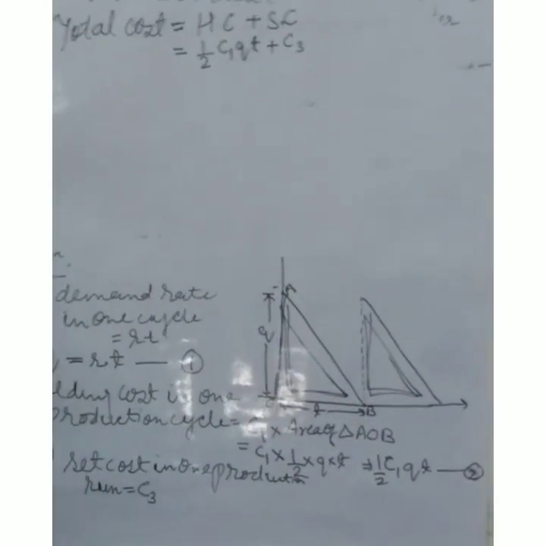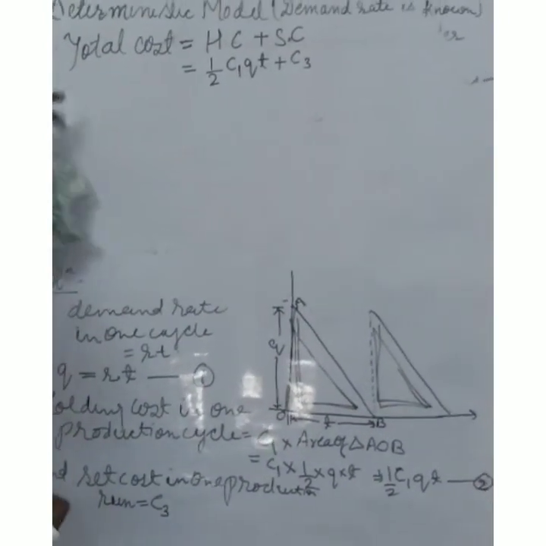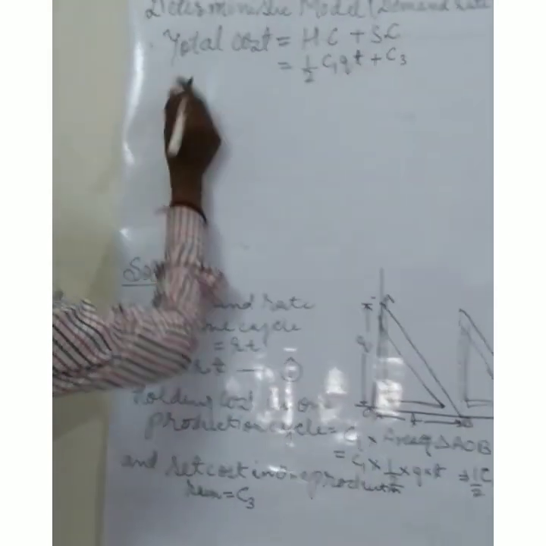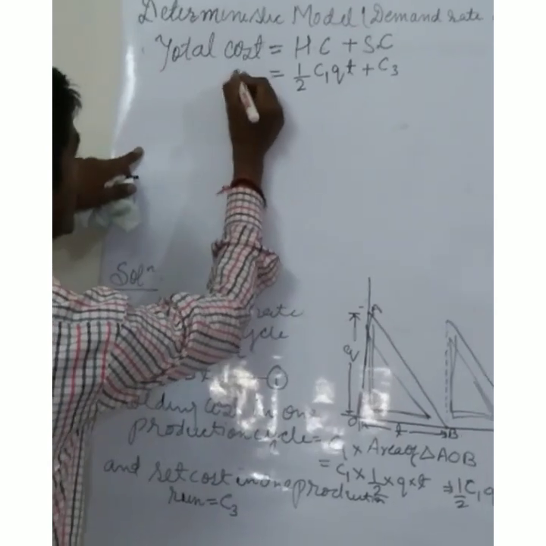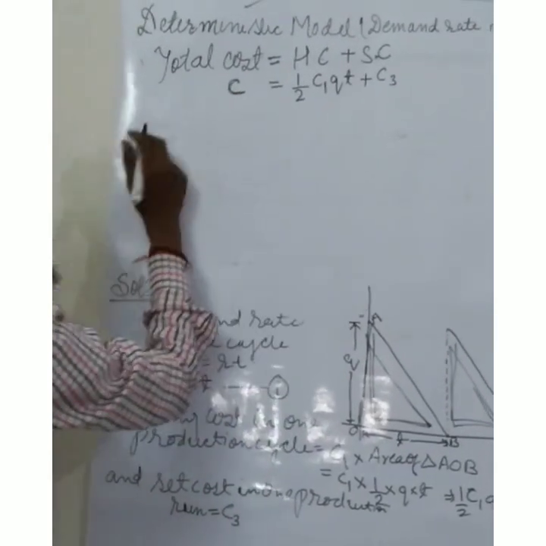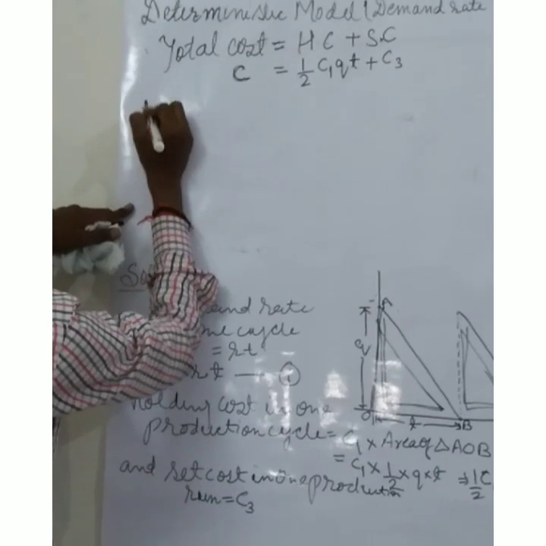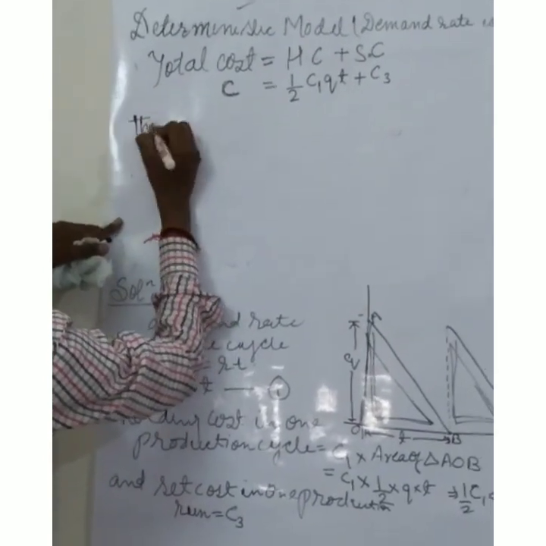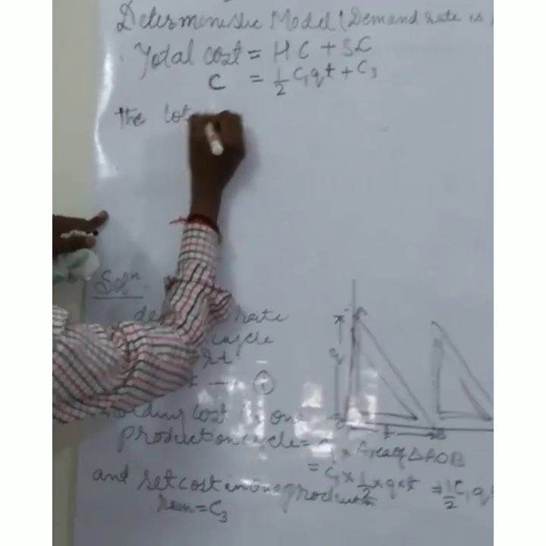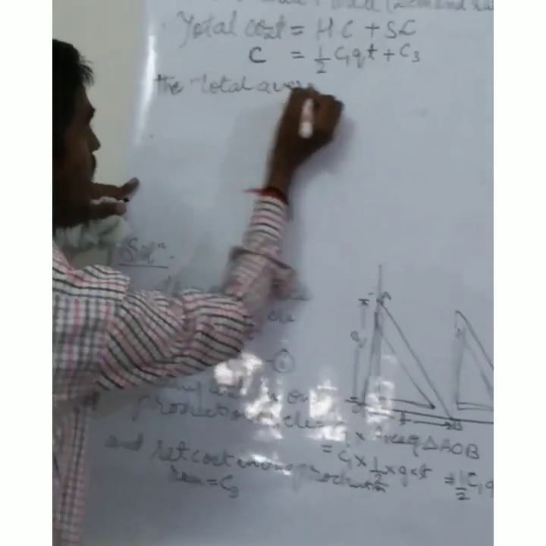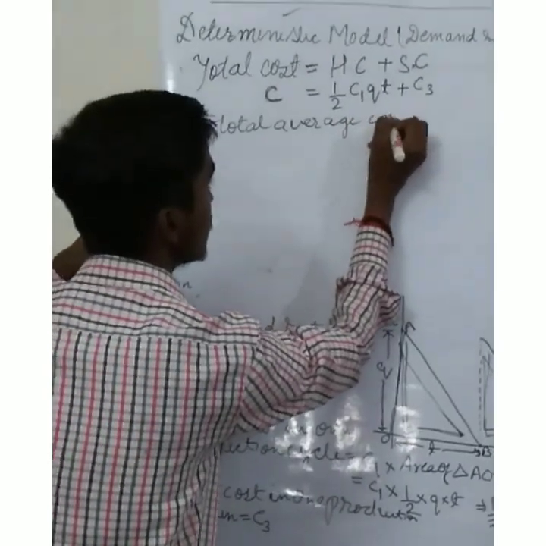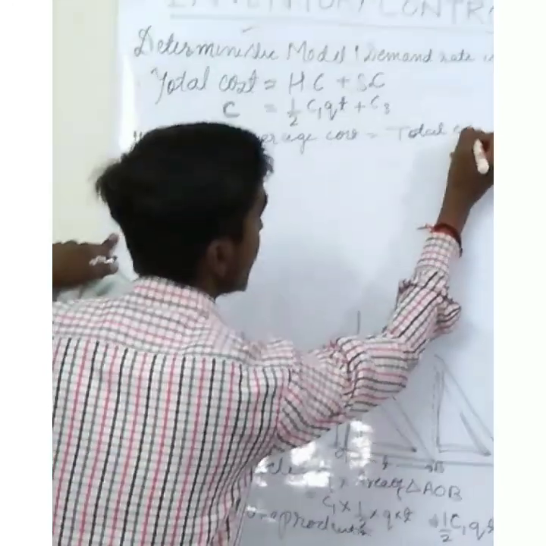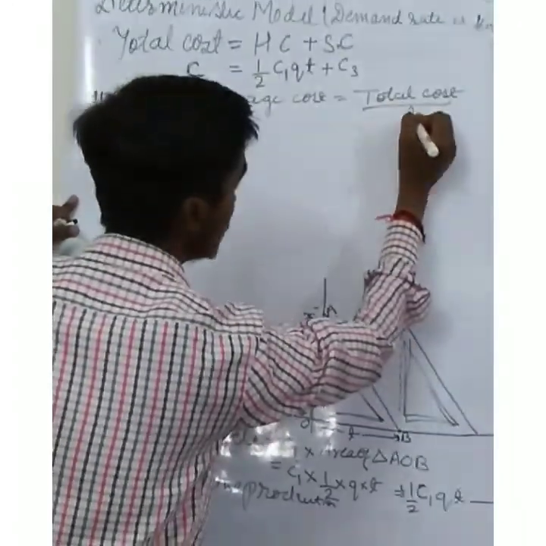Now we find the total average cost. We can represent total cost as C. So the total average cost is equal to total cost upon time.